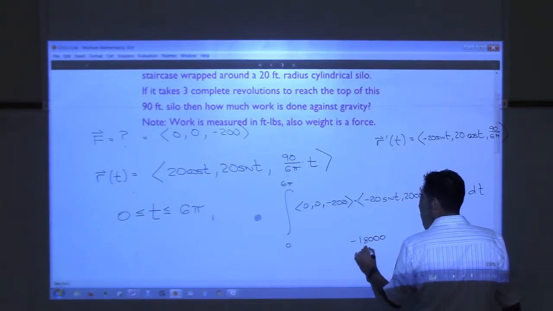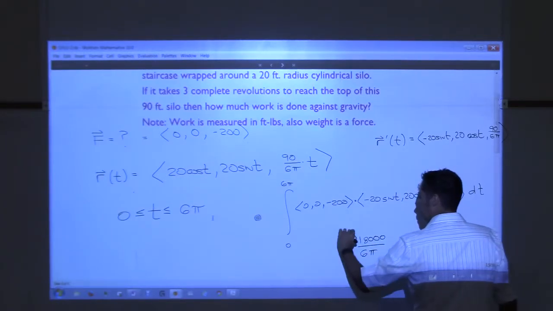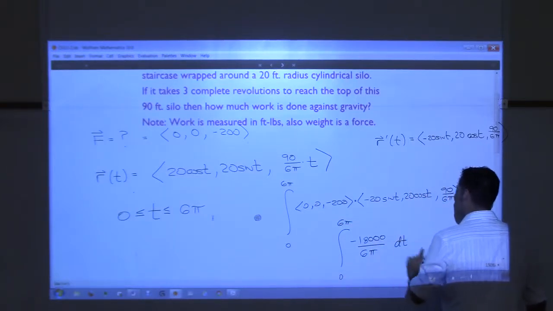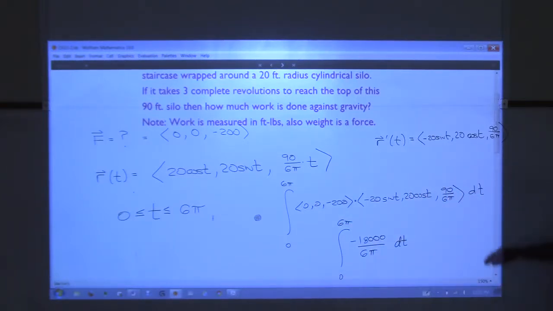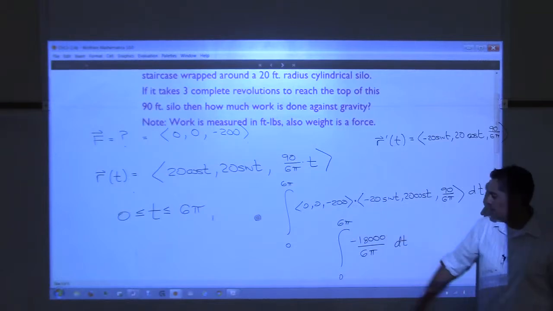No. Over 6 pi. Integral 0 to 6 pi dt. See, this is where my brain is going. 9 times 200 should be 1,800. 90 times 200 should be 18,000. Okay, so this times this, right? Everything else is gone.